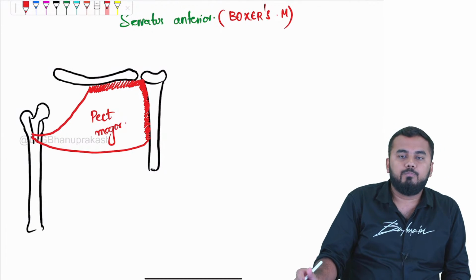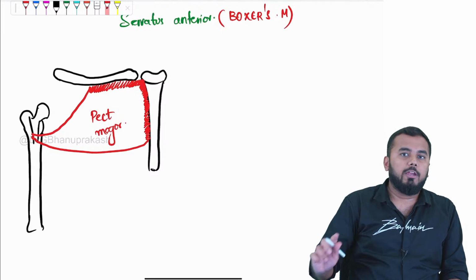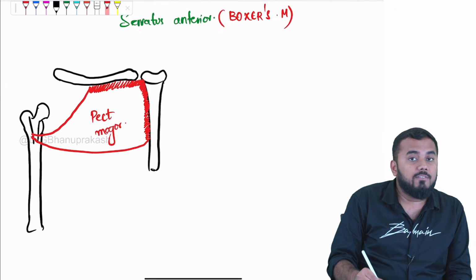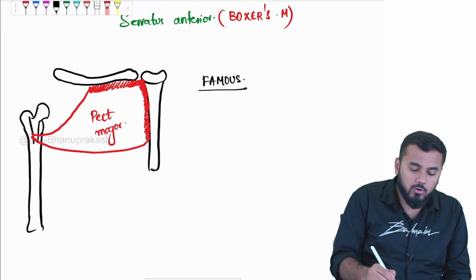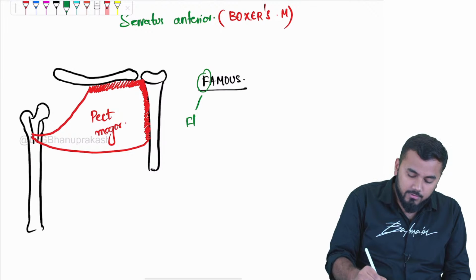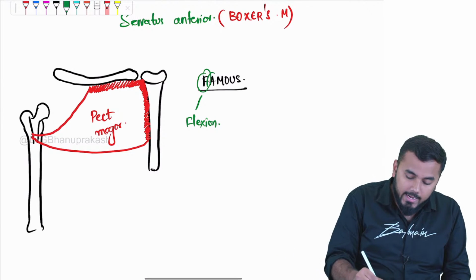Pectoralis major muscle. Why did I draw? To explain you one thing. This is a very famous muscle, guys. Why, you know? Because it has got 3 functions. F stands for flexion. And A stands for adduction.